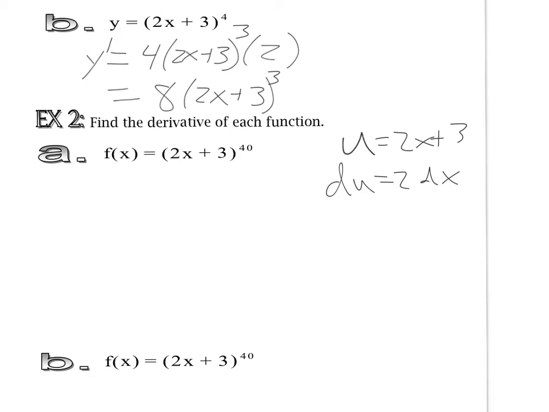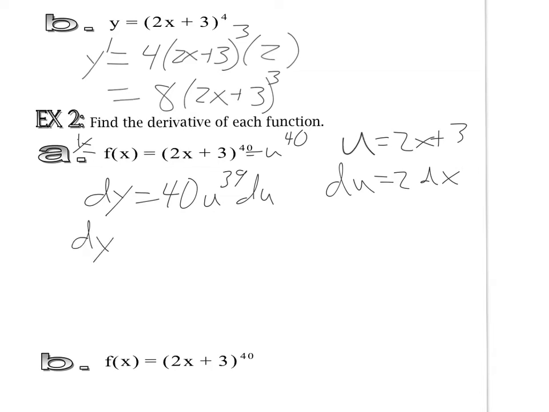And so when I go to write this, I'm going to say that y equals this. And so dy equals, hold on, that means this is like u to the 40th. So dy equals 40 u to the 39th du. Then I could plug this in. dy equals 40 times 2x plus 3 to the 39th times 2 dx, and divide by dx.